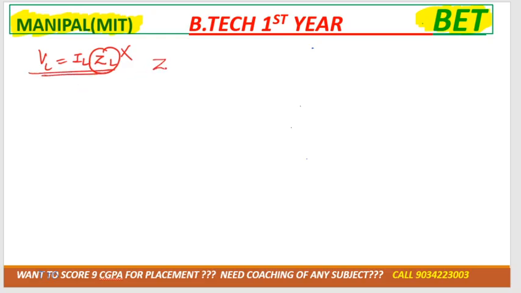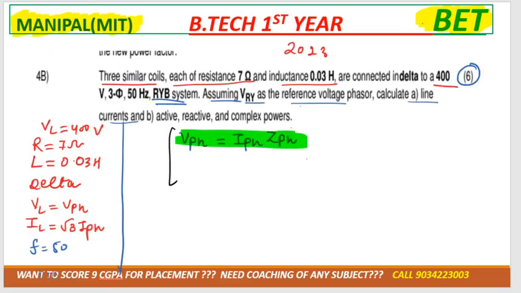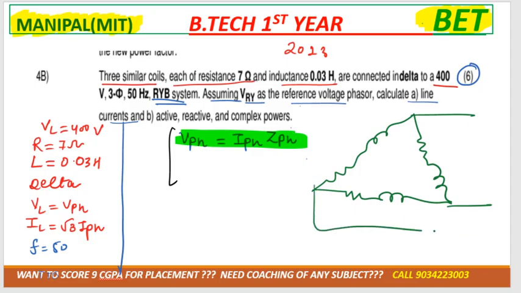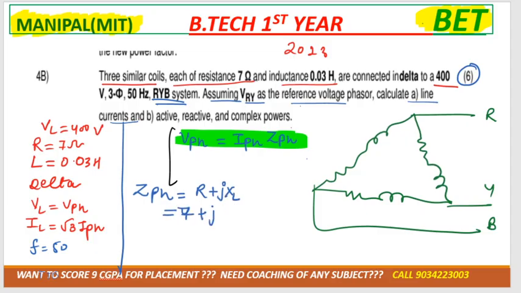Z is always in phase, because if I draw the diagram, this is the star, R and L, R and L, R and L, and this is R, Y, B. So for that you need to calculate ZPH. The formula is R plus jXL. R is 7 ohm plus j, XL you need to get it, 2 pi F L, right? So calculate the value for ZPH.